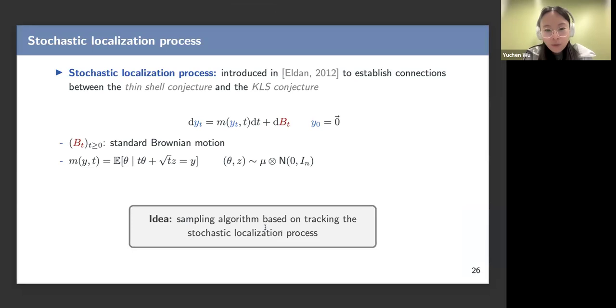One implication of this lemma is that to build a sampling algorithm for the target distribution mu, it suffices to track this stochastic localization process until a very large t. That is how we build this posterior sampling algorithm.